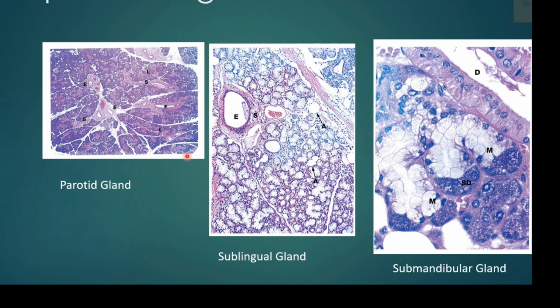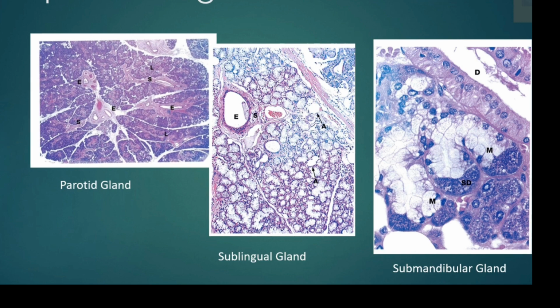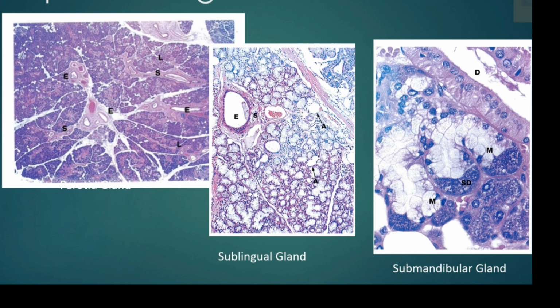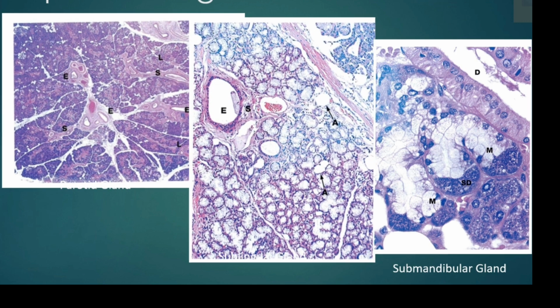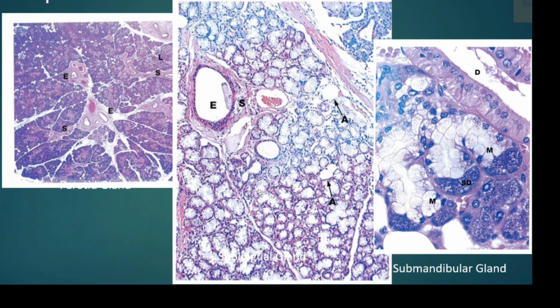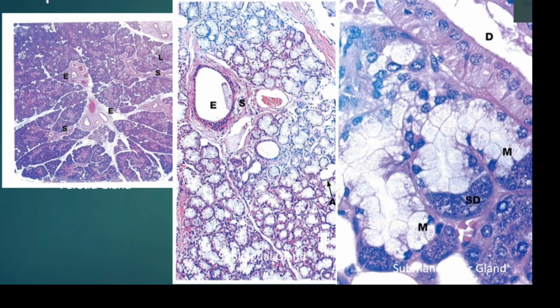So you can also see a section of the facial nerve if it is present in the parotid gland. Sublingual and submandibular glands are both mixed glands, but the difference is that the submandibular is mixed but predominantly serous in nature, and the sublingual gland is mixed but predominantly mucus in nature. So this is parotid, this is a sublingual gland, and this is the submandibular gland.